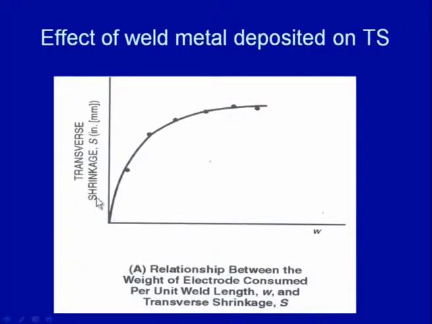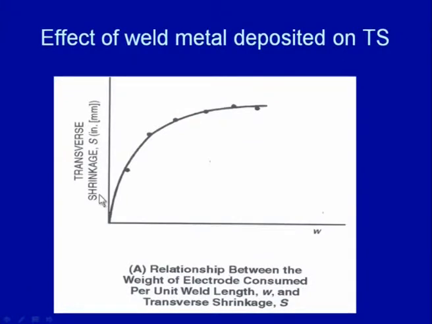So, first, this diagram schematically shows that if the volume of the weld metal being deposited for developing a weld joint is increased, then there will be a continuous increase in the shrinkage which will be occurring after the welding. In transverse shrinkage, shrinkage increases with the increase in the weld metal being deposited.